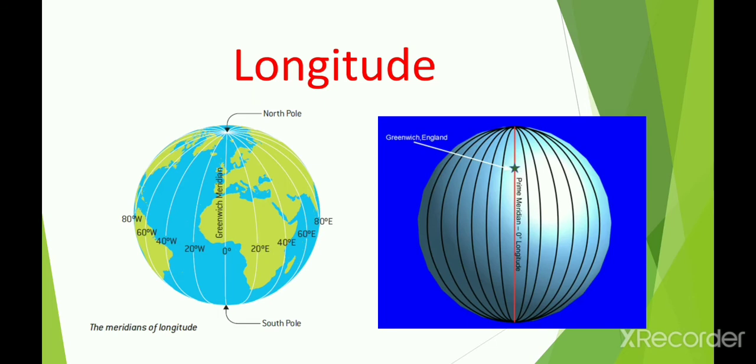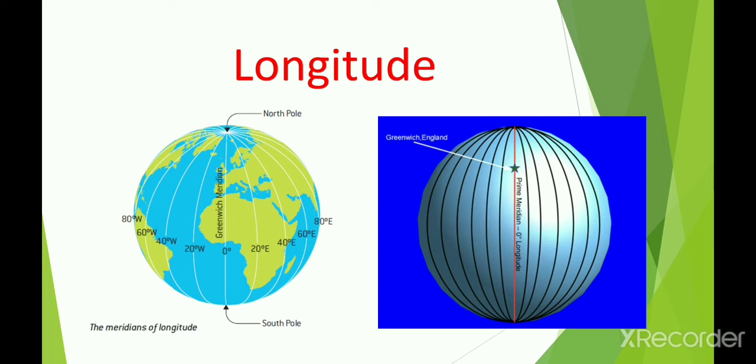Now see longitude. In the previous standard also we learned about longitude. What is longitude? The angular distance of a place east or west of the prime meridian, as measured from the center of the earth, is called longitude.